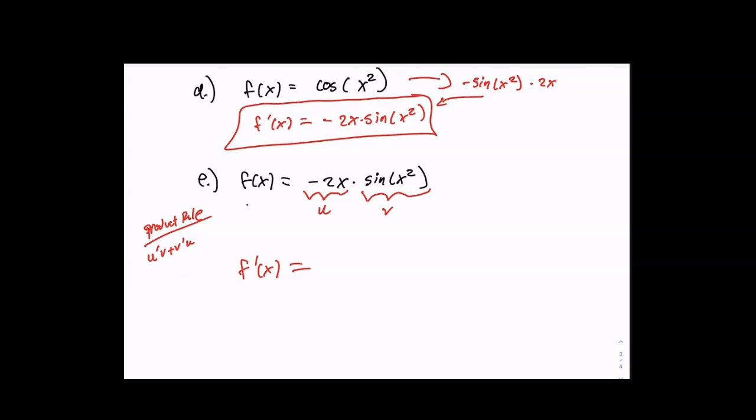The most likely mistake that you're going to make is what? What is the number one thing a bad calculus student will do?